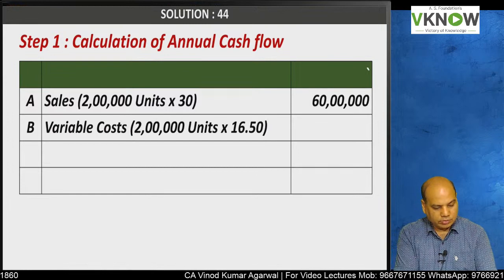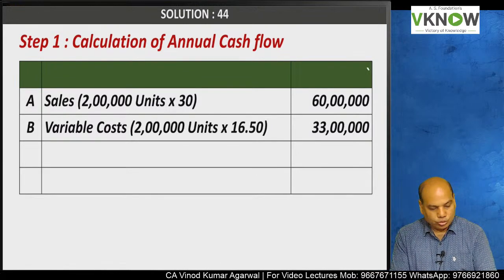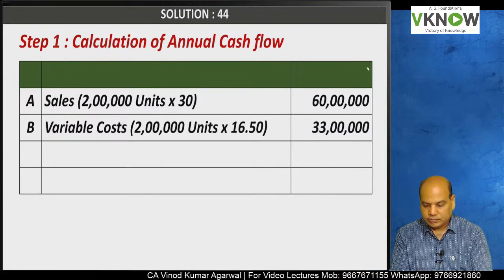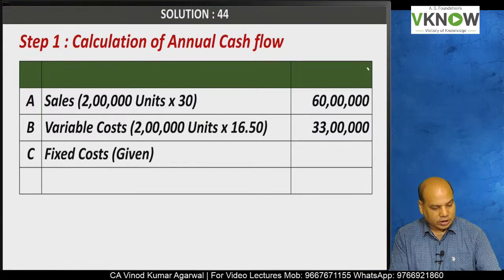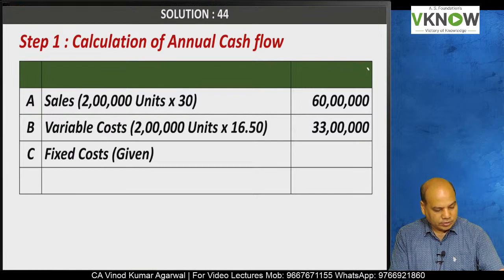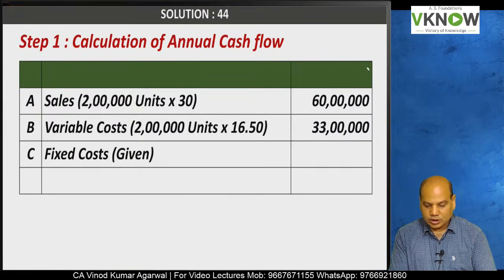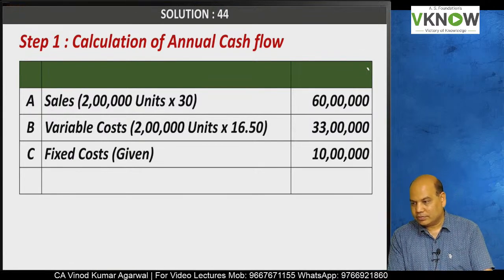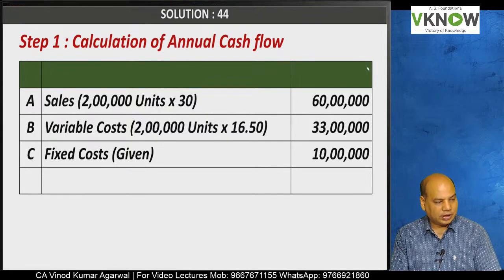Variable cost: 2 lakh into 16.50, 33 lakh. Variable cost 33 lakh. Fixed cost, write down the given 10 lakh. Fixed cost given 10 lakh.